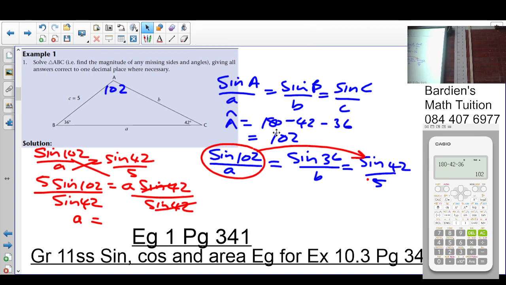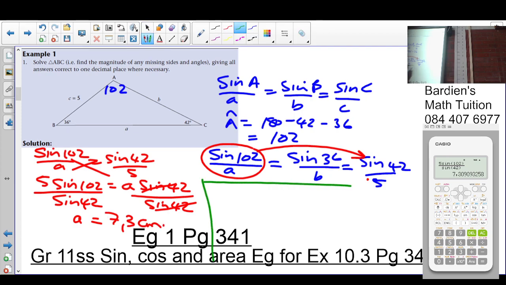So a is equal to, you plug that into the calculator, 5 sine 102 over sine 42. Okay, they give you an answer, 7,3 centimeters.